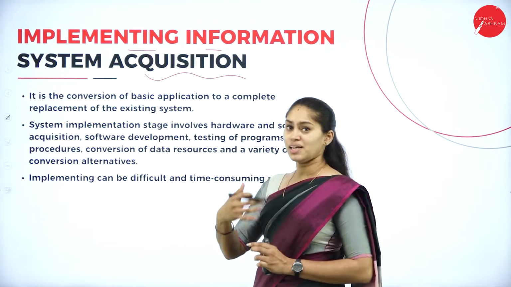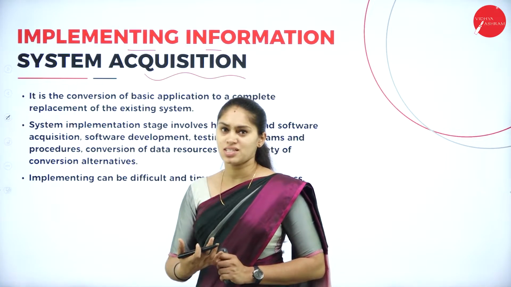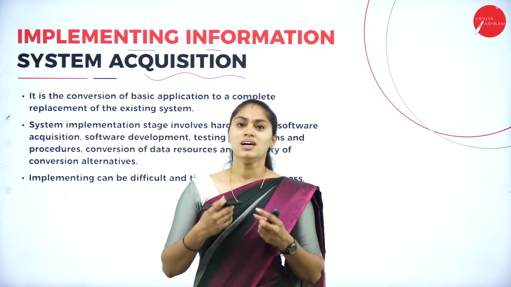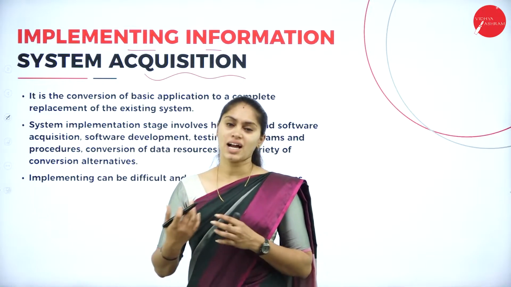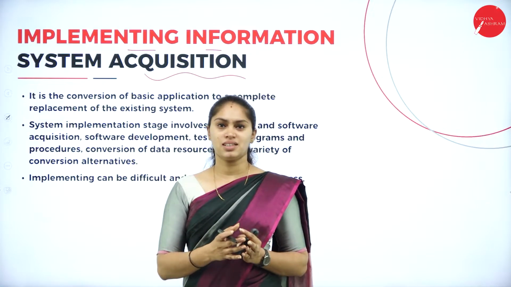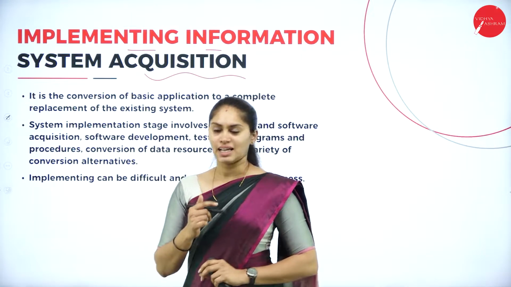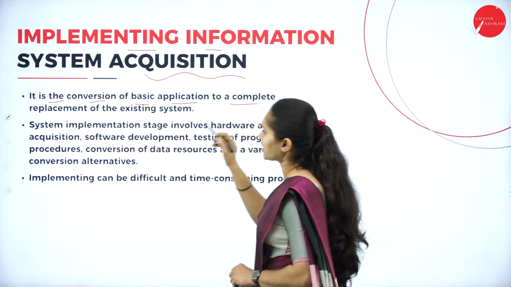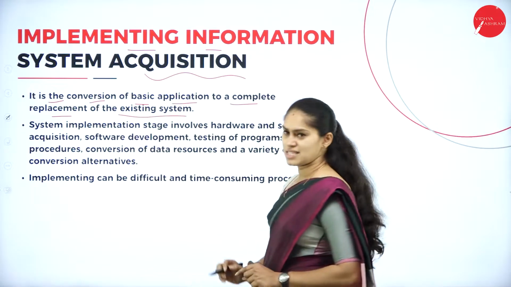We have to replace the existing system with a new system. Or if the existing system is not working properly, I need to do re-engineering or reuse of that existing system. Or if I want to add any content to the existing system, every point we need to consider. So it is a conversion from a basic application to a complete replacement of the existing system.